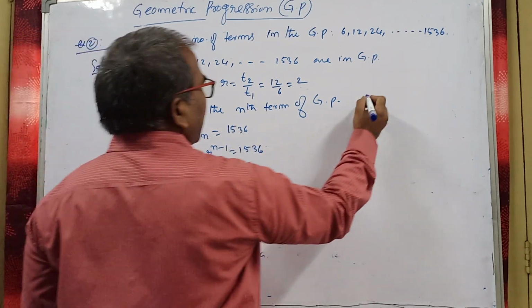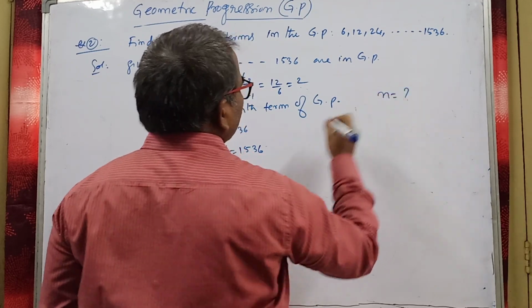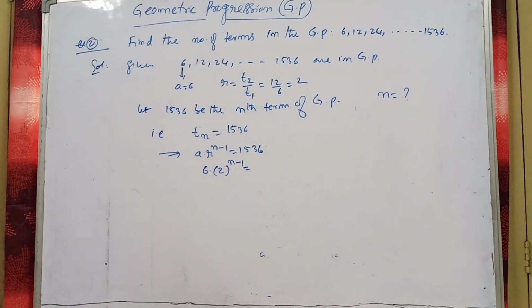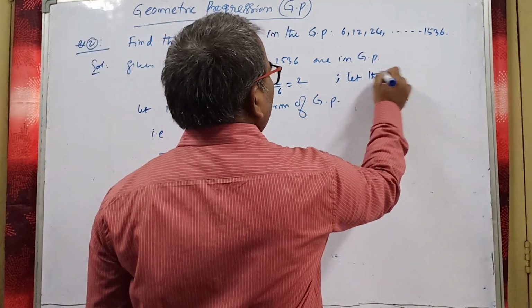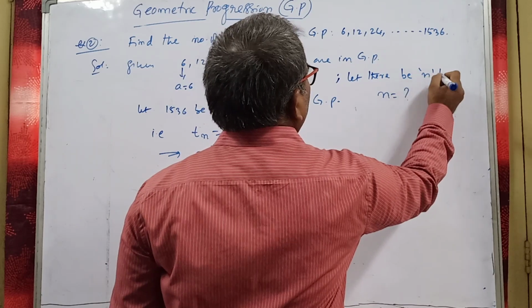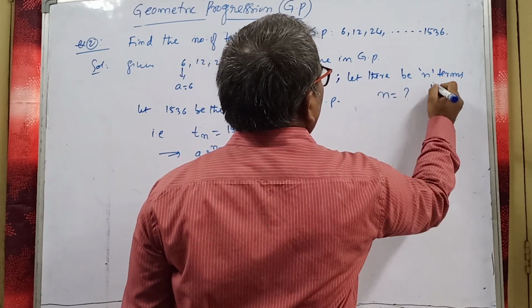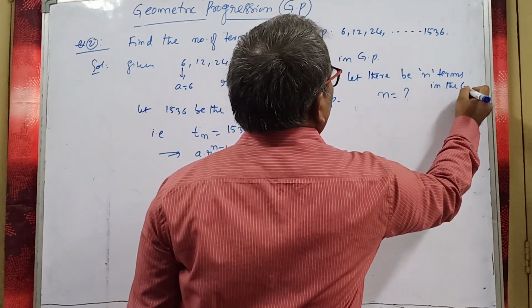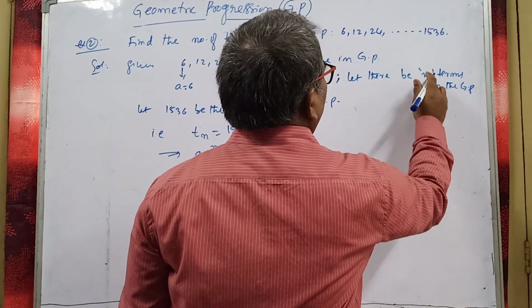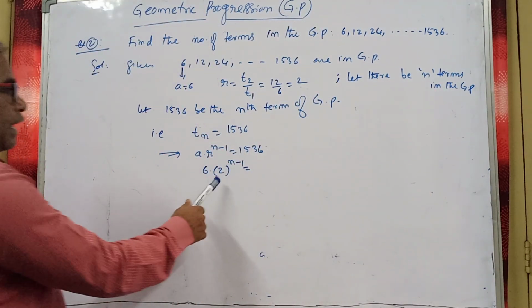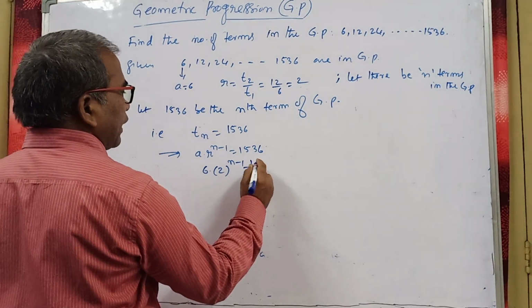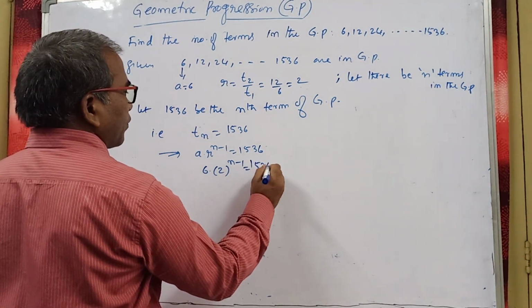This n you need to find. How many terms are there? Let there be n terms in the GP. Now find the n value.